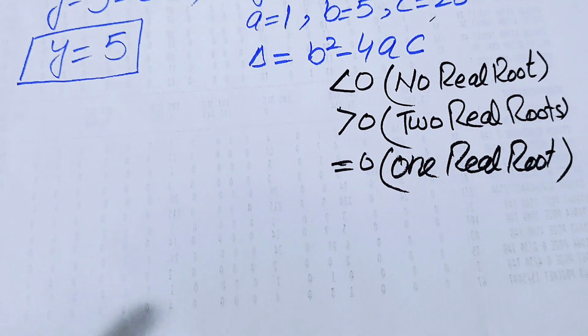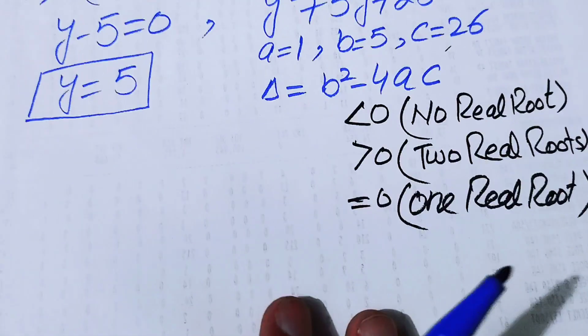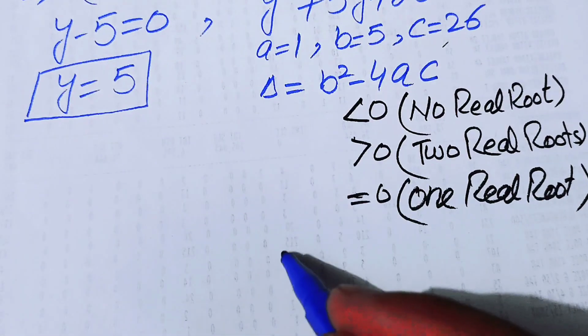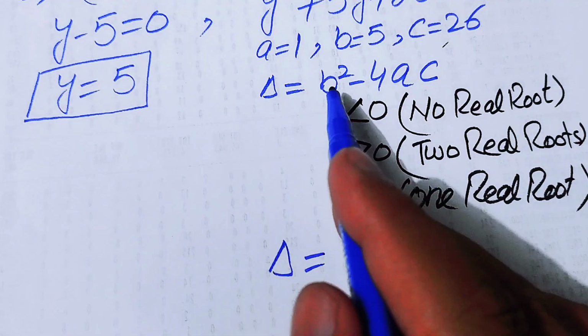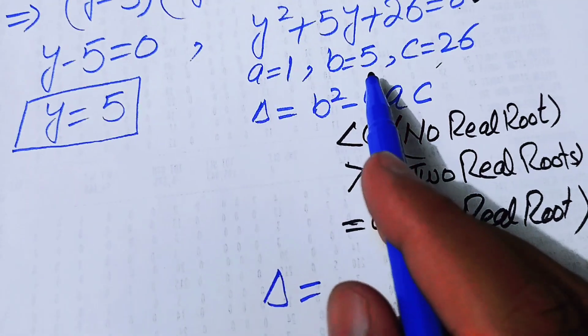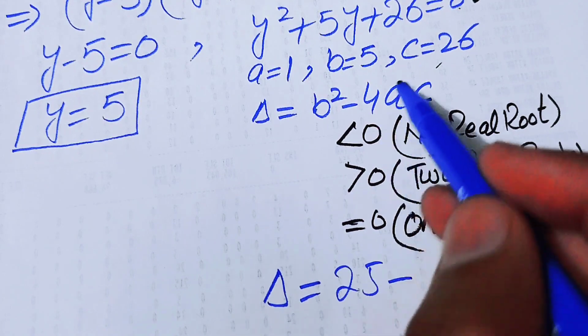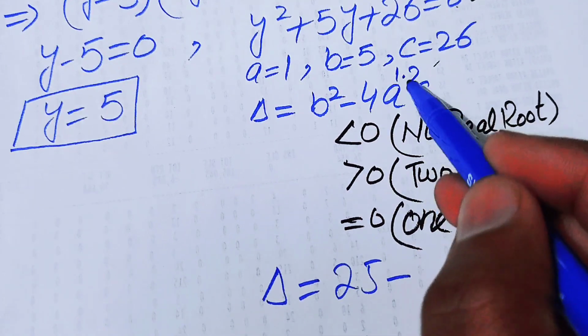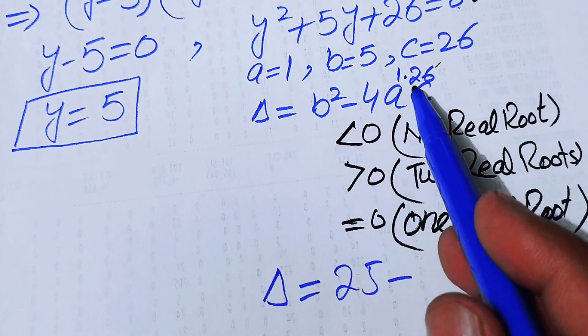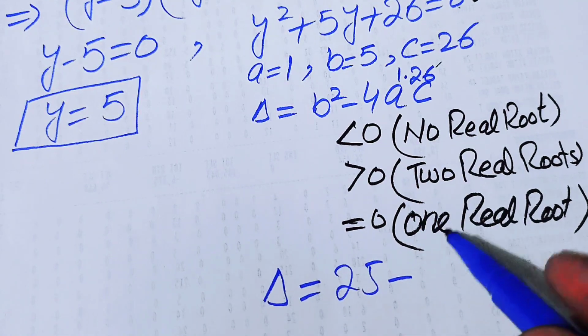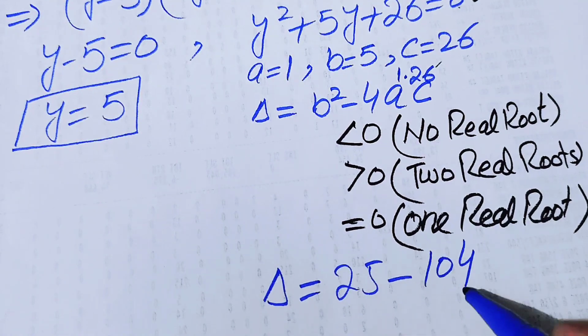So now we check the behavior of this delta by putting the values of a, b and c, so that we obtain delta is equal to b squared, the value of b is 5, so 5 squared is 25, minus 4 times a is 1 and c is 26, so 4 times 26 is equal to 104.